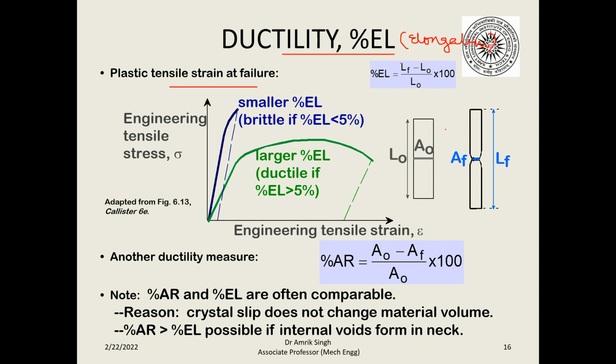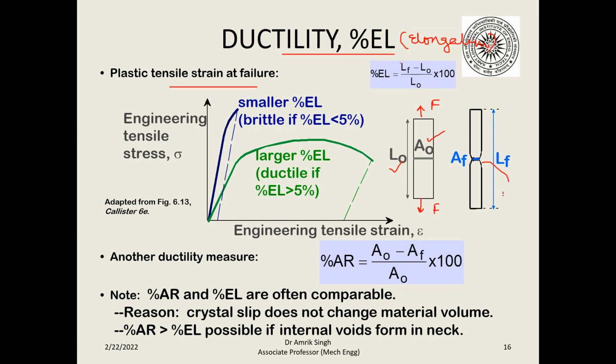We have taken a specimen of length L0, and A0 is the original area of the cross section. Now we have applied a tensile force in this direction, and this material will be stressed and will break into two pieces.